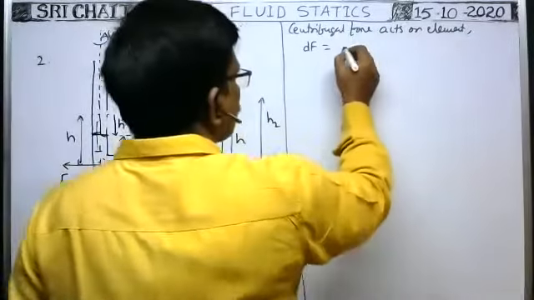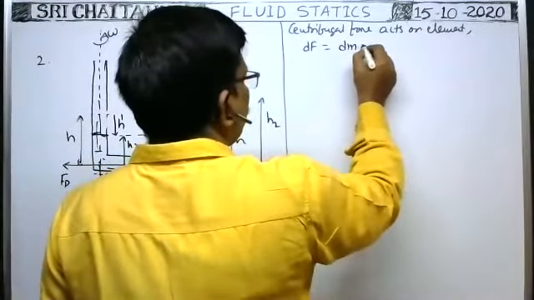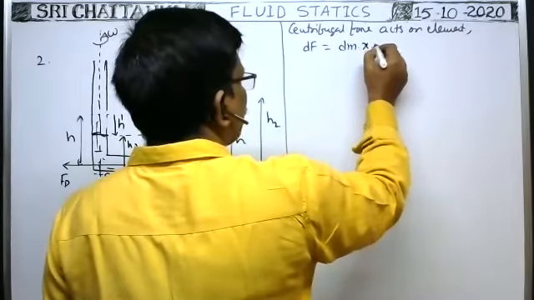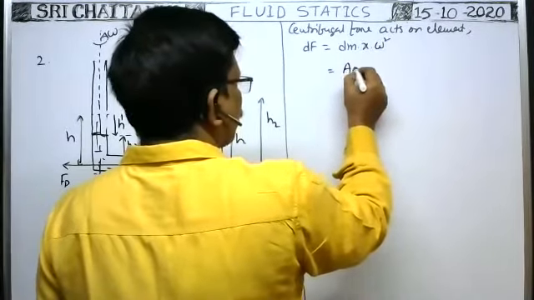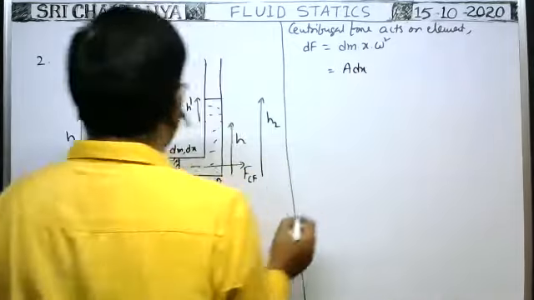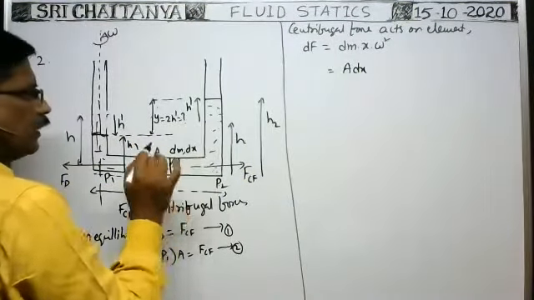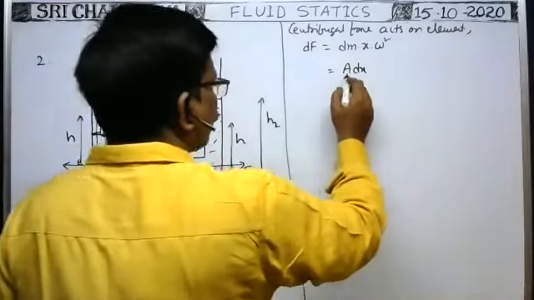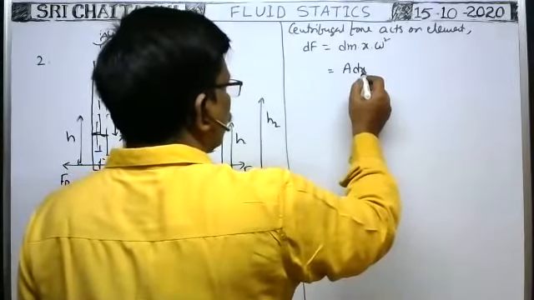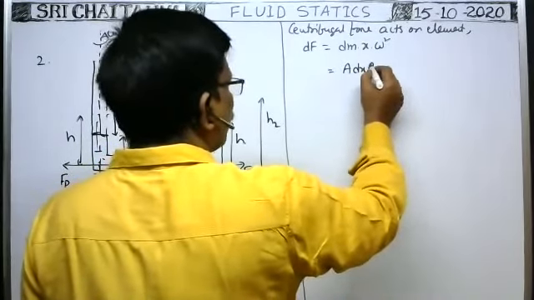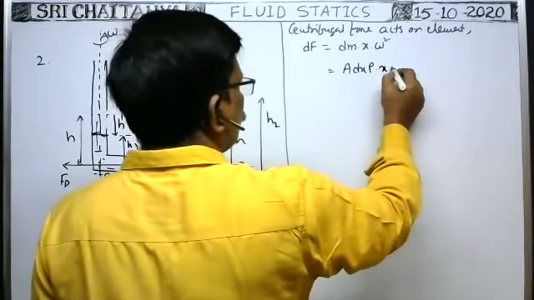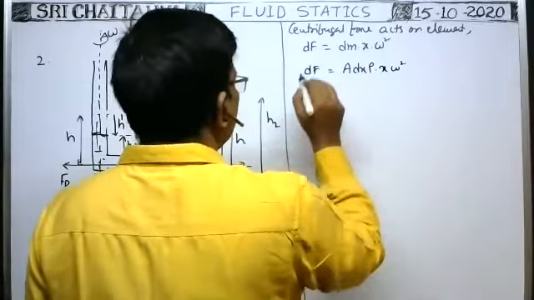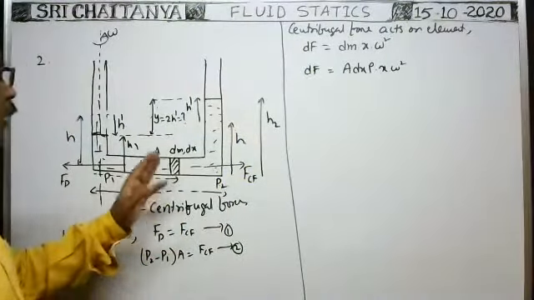That's why centrifugal force is equal to the mass of the element dm into radius of circular path x into omega square. What is the mass of the element? Area of cross section into length of the element dx gives volume, into density of the liquid rho gives mass, into x into omega square. This is the centrifugal force acting on the element here.